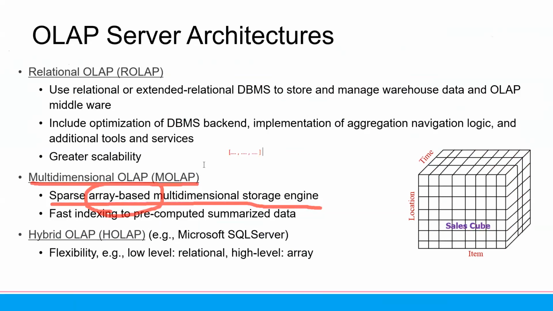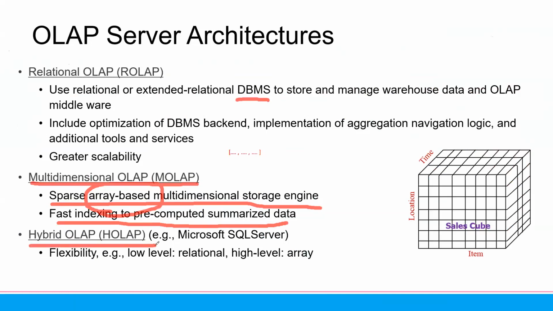So this uses the sparse array-based multi-dimensional storage engine. It has fast indexing to pre-computed summarized data. If you have the database management system, they will not use this array-based approach. So they have different ways.